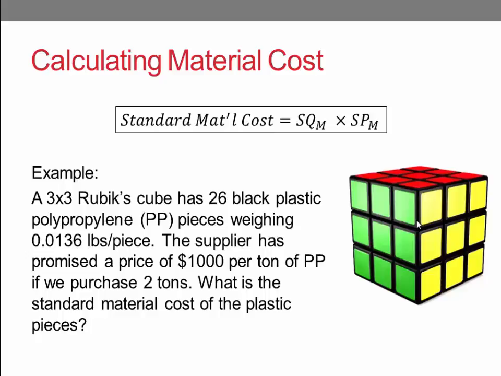We have a 3x3 Rubik's Cube that has 26 black plastic pieces of polypropylene that weigh 0.0136 pounds per piece. The supplier has promised a price of $1,000 per ton if we purchase 2 tons. What's the standard material cost of the plastic pieces?